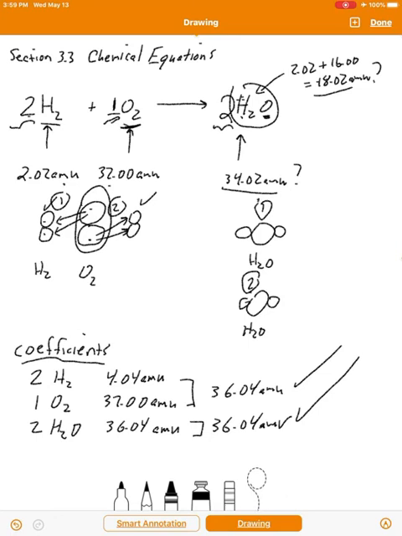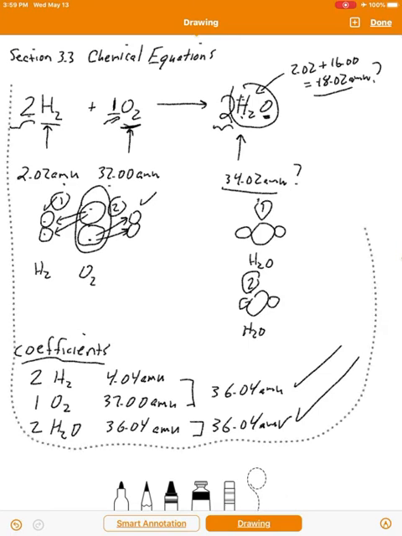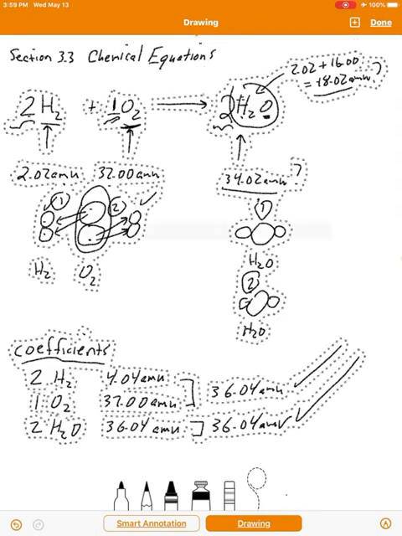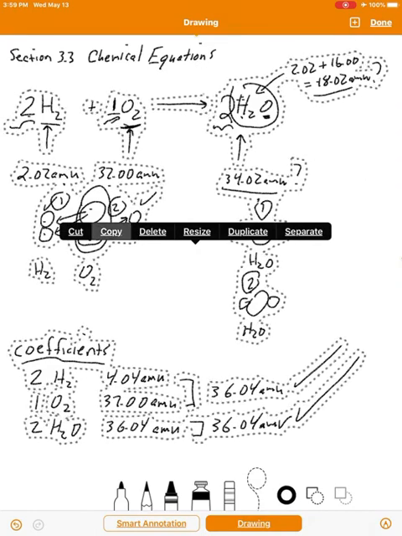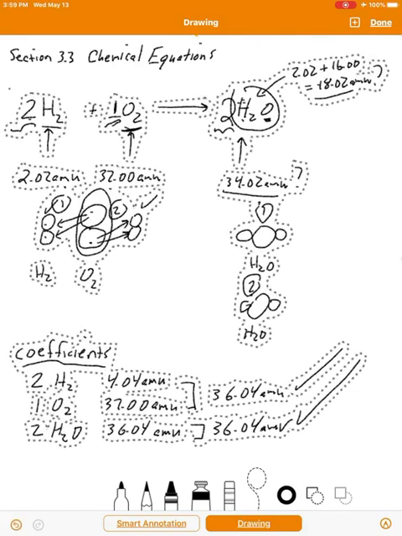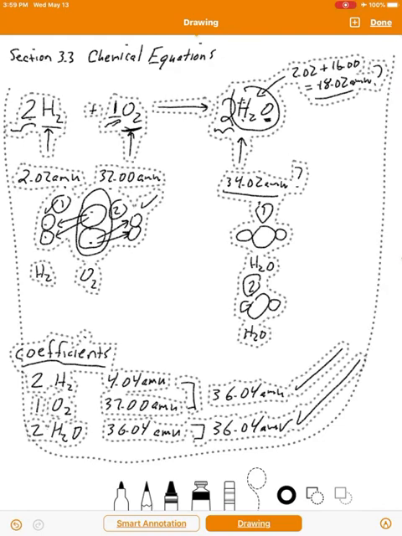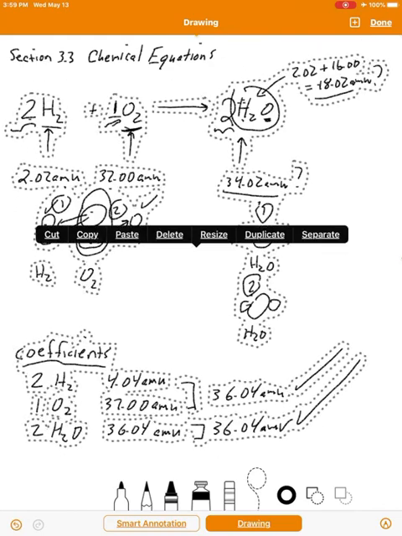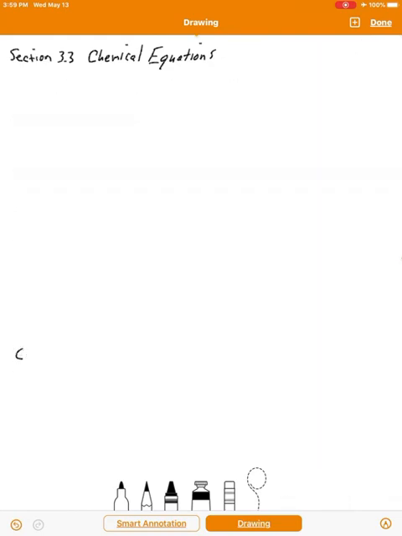Now, if you ask this yourself, you wouldn't be the first student to ask this. Probably 100 million people have asked this exact same question over the years, which is, can you change the subscript in order to balance an equation?